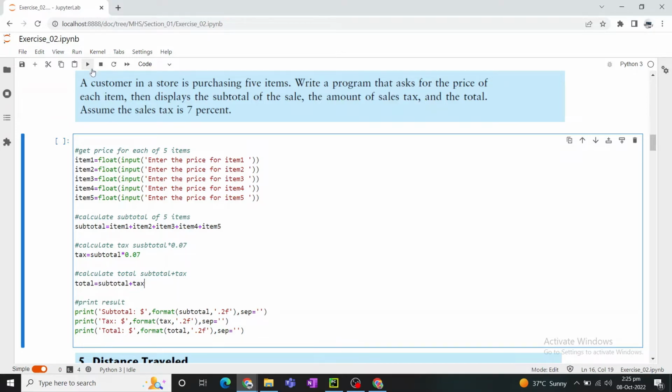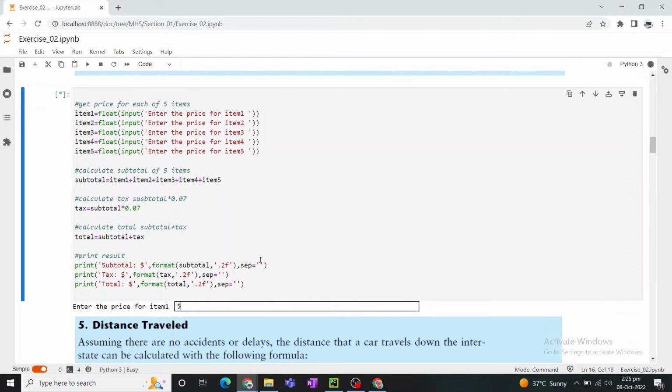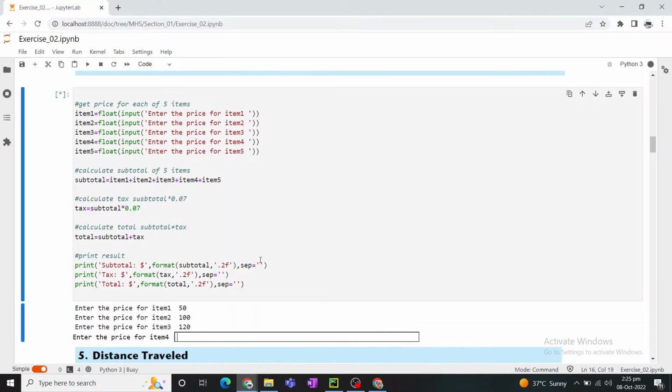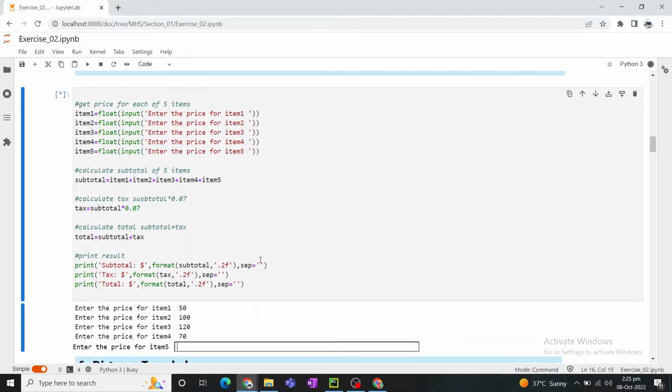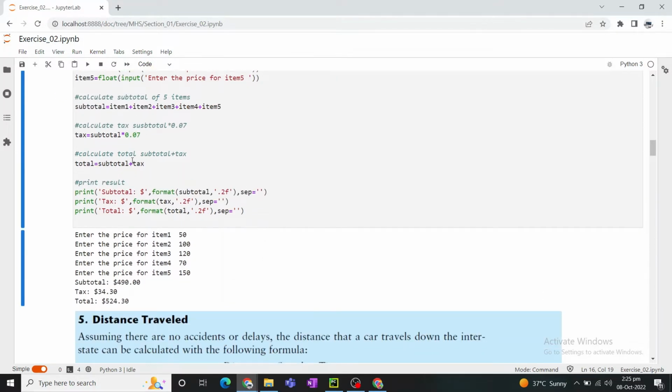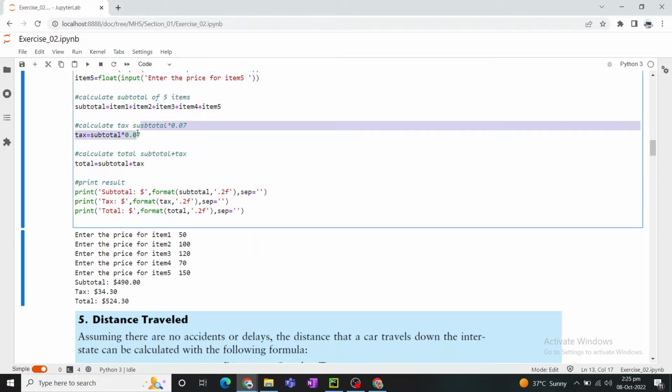So over here we will run this program. We will enter the price of the product like 50, 100 and $120, or let's say 70 or 150. So the total price was $490. The tax applicable on these items is obtained by multiplying by 0.07, that is basically 7%.